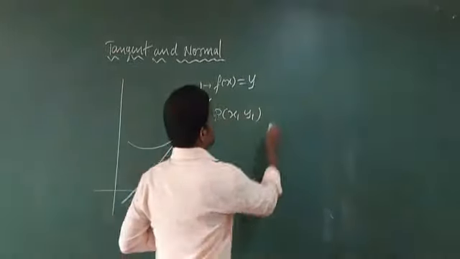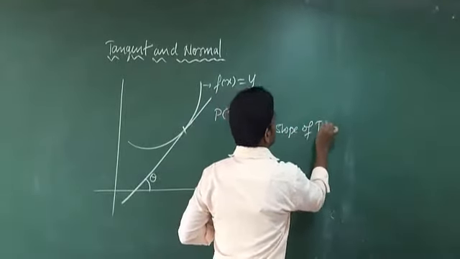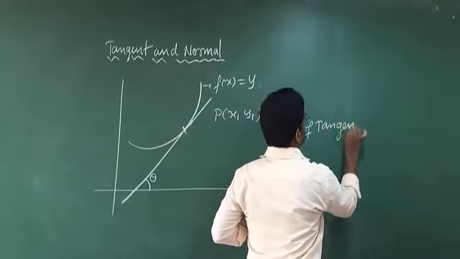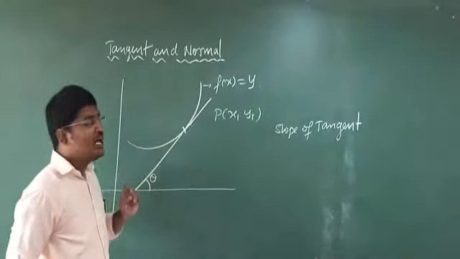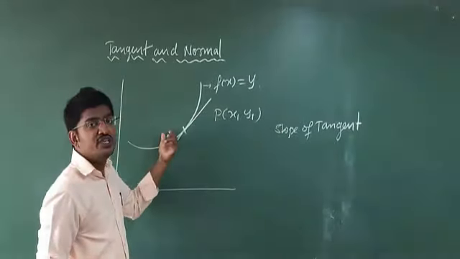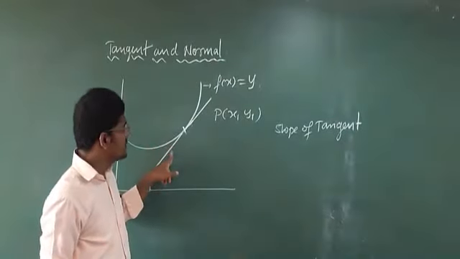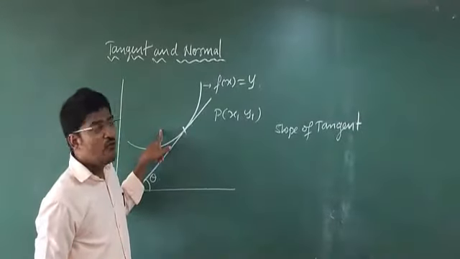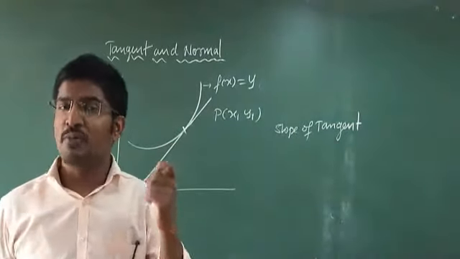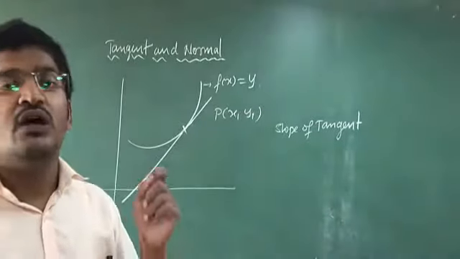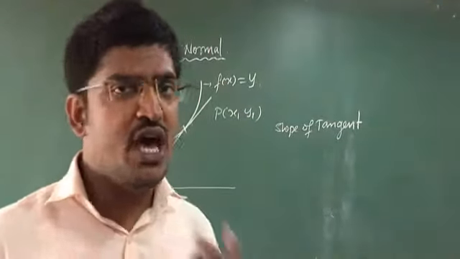So here, the slope of tangent, that means the slope of this line, will be dy by dx of this curve, because this is the tangent drawn to the curve f of x at the point (x1, y1). As we all know, the geometrical meaning of dy by dx is the slope of the tangent drawn to the curve.